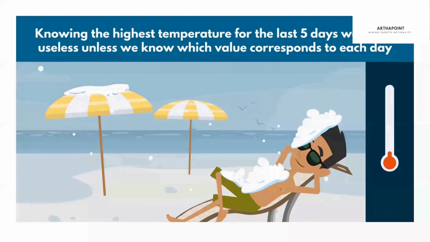Then you will not be able to predict what will happen tomorrow. Because only when I map the temperature to a particular day can I see whether over time the temperature increased or decreased. So it is not only important to know the values of the past days, it is also important to know on what day what was the temperature, to predict what is going to happen in the future.